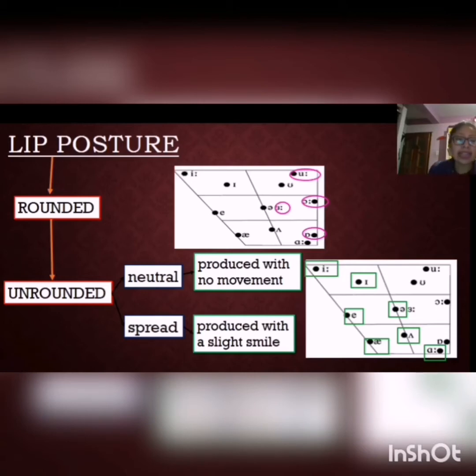On the other hand, spreads are produced with a slight smile. For example, when I pronounce E, okay, you can see that a slight smile is drawn on my face when I pronounce this vowel. And so all the vowels that are inside this green square are unrounded. So some are neutral and some are spread.